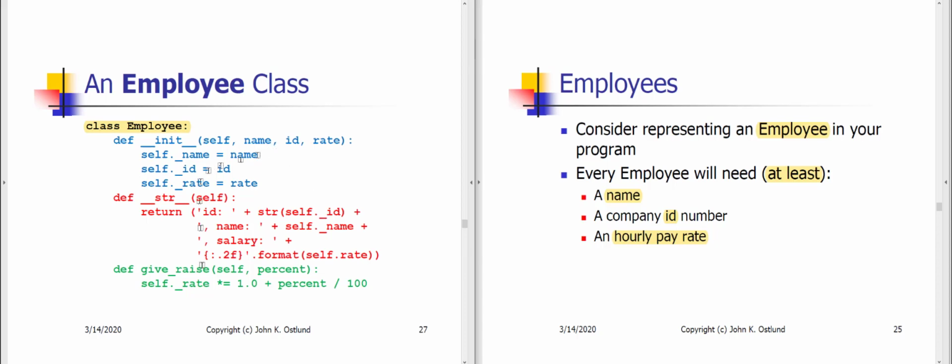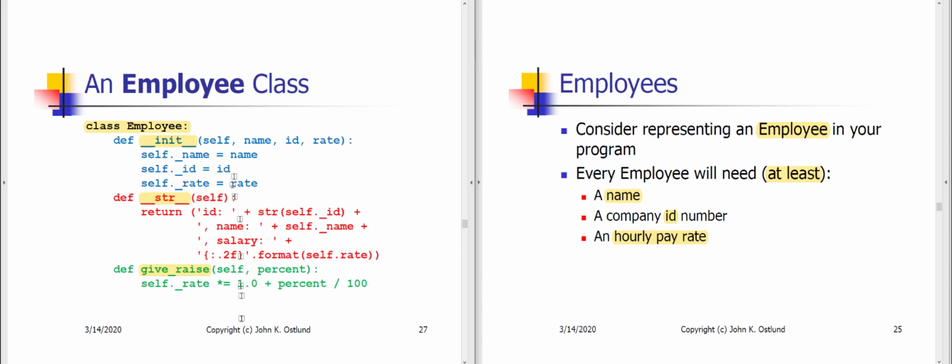Within this Employee class, indented one level, we have the three methods that we want each employee to be able to do. That is, we want to be able to initialize or create an employee object, convert an employee object to a human readable string, and give a raise to each employee object.